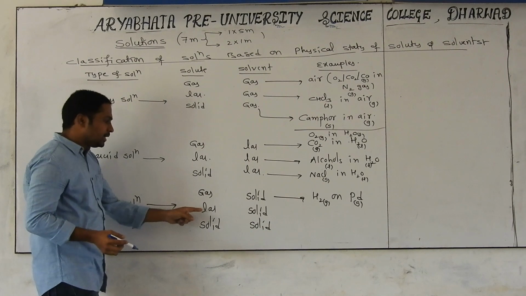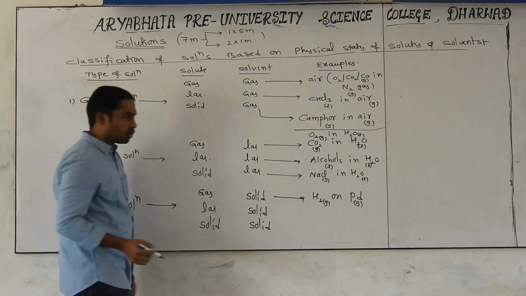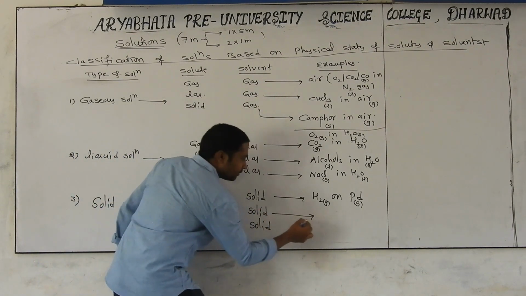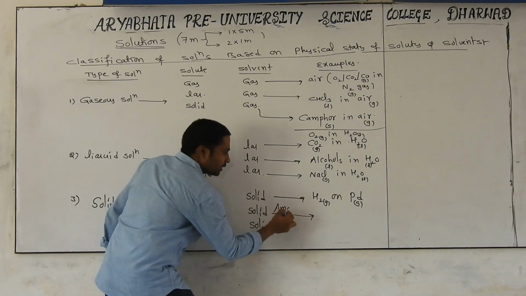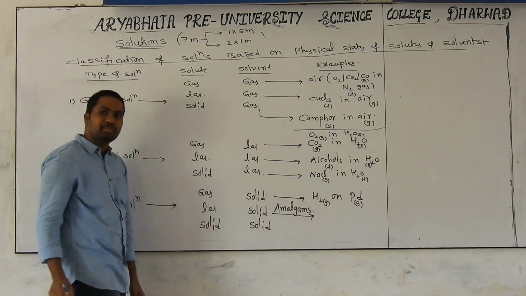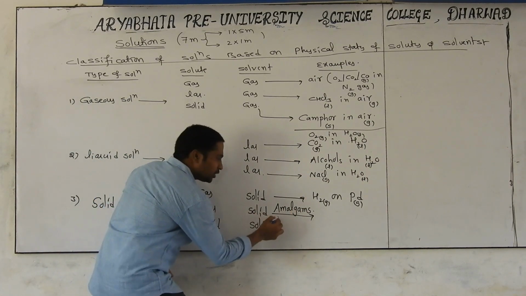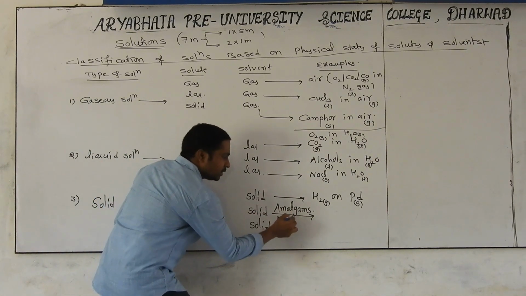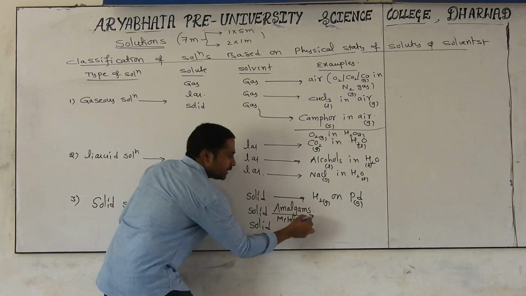Now the second case, liquid particles mixed with solid. The best and very well-known example is amalgams. Do you know what amalgams are? A combination of any metal with which one? Mercury.